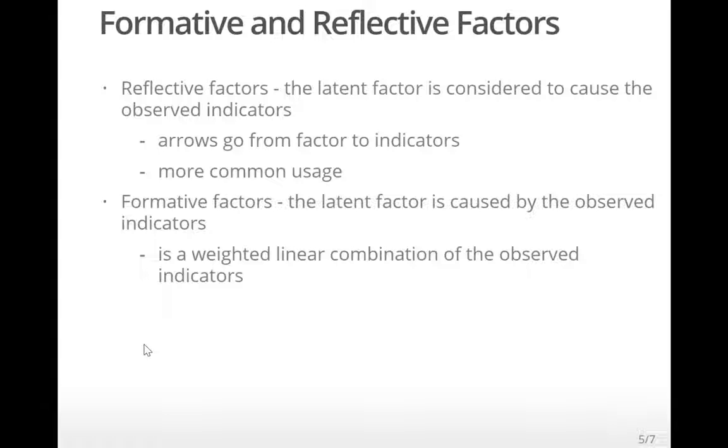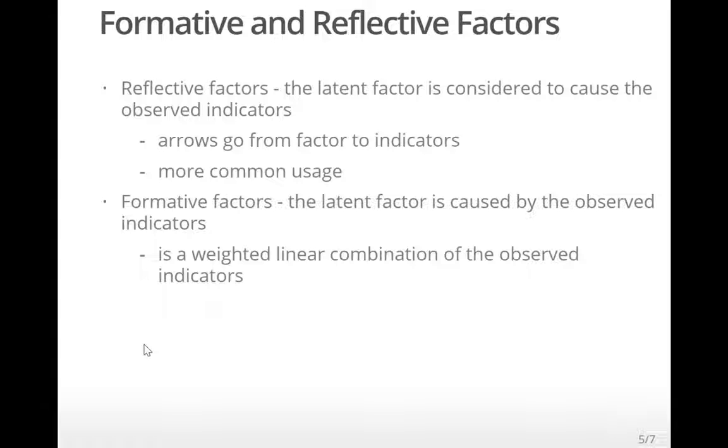The place where I've found a formative factor particularly useful is in modeling socioeconomic status. So you have a variety of things like education level, parents' education, income, a variety of things like that.